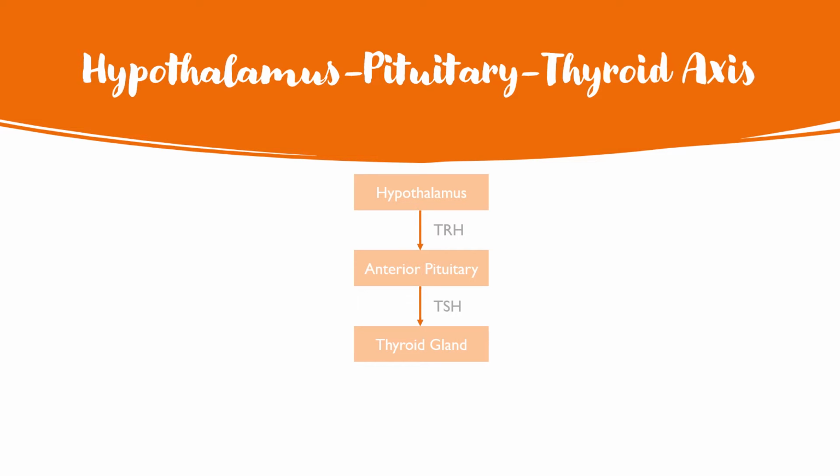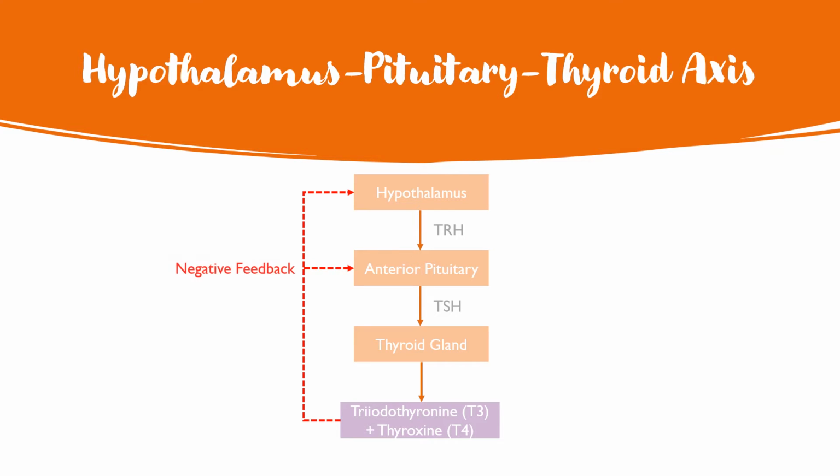This TSH then acts on the thyroid gland and causes it to secrete T3 and T4. And the most important part of this whole axis is that it's governed by a negative feedback system. So basically, as the levels of T3 and T4 increase, it triggers the anterior pituitary gland to release less TSH and the hypothalamus to release less TRH. And that helps to keep the whole system in check.